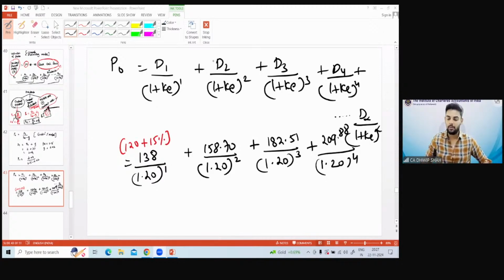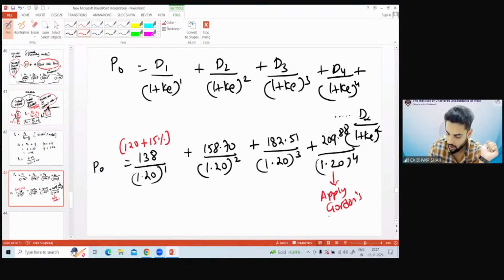But after the end of 4 years, the company is now growing at a constant rate of 5%. Yes or no? Correct? So from the point where the company grows at a constant rate, can I apply Gordon's formula?